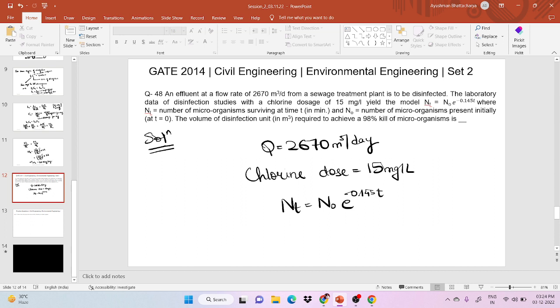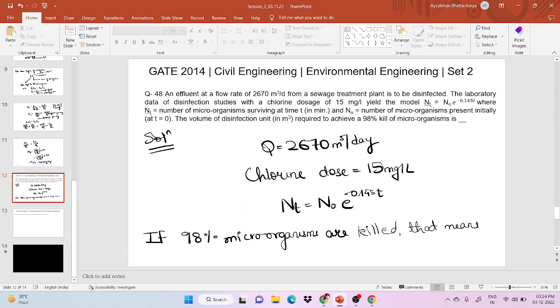kill of microorganisms. So if 98% of microorganisms are killed, that means only 2% are surviving.